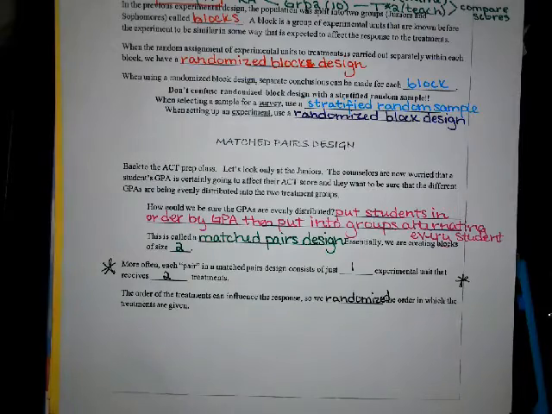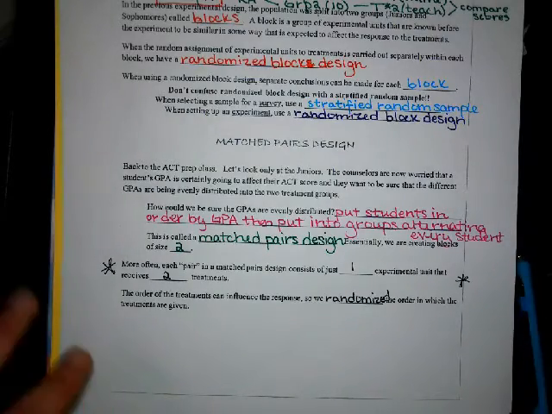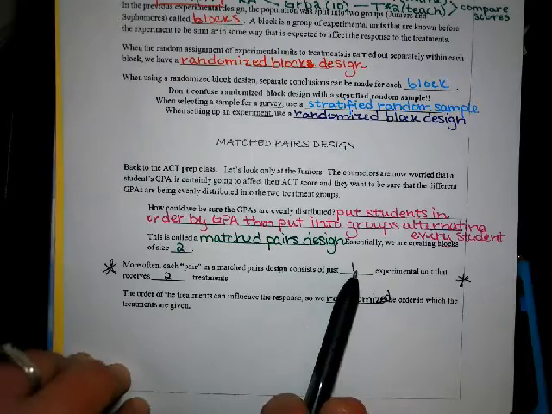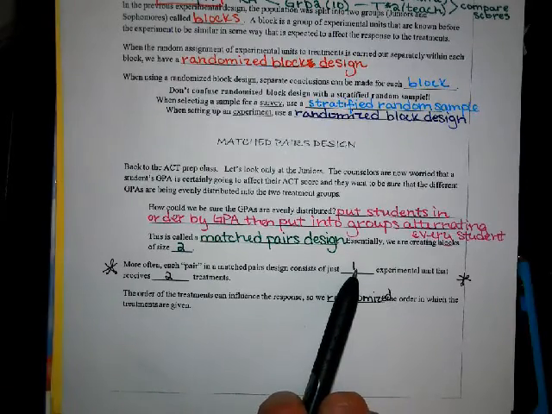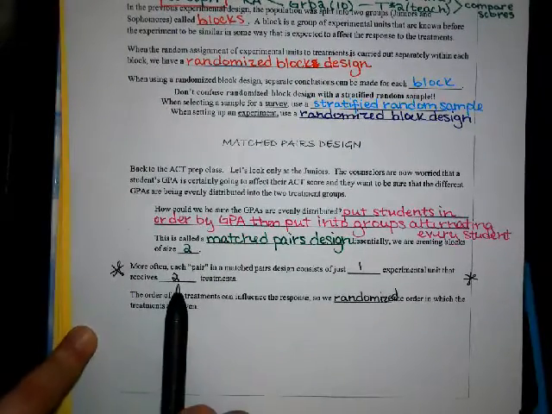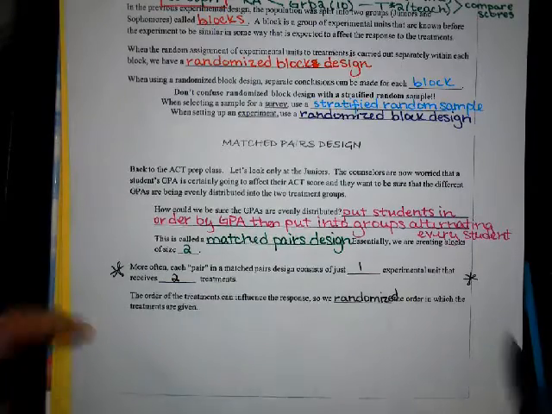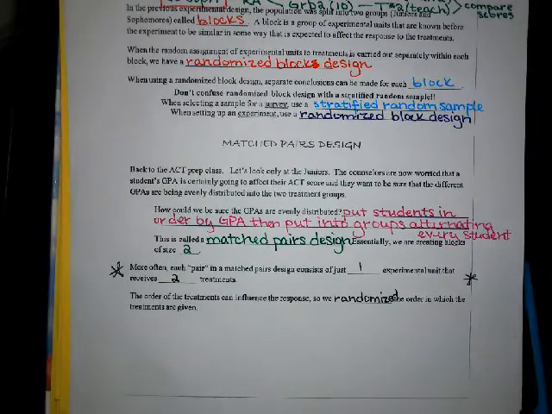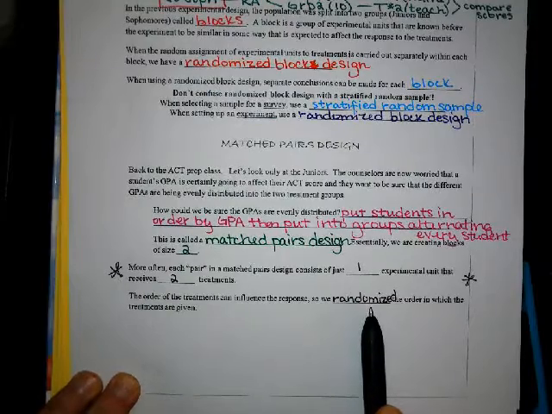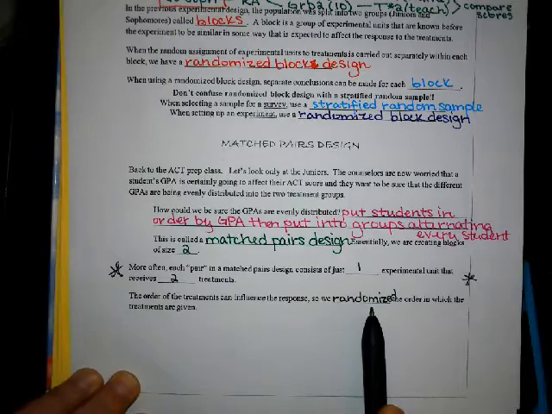So that's technically a matched pairs design because there's one experimental unit, the person drinking the soda, and they receive 2 treatments, drinking Pepsi and drinking Coke. And then to make sure that you're not influencing the responses, you should randomize whether each subject drinks Pepsi or Coke first.